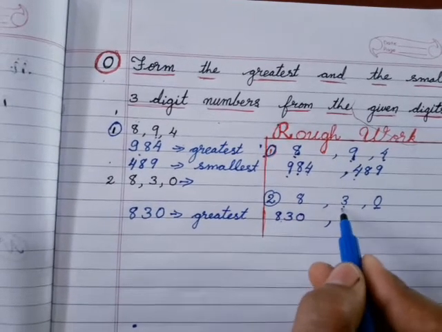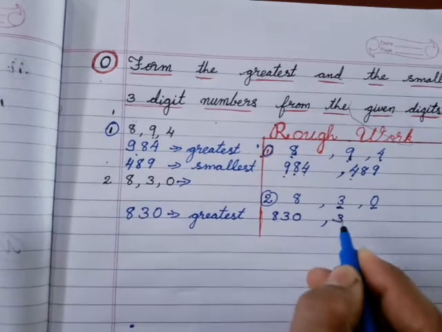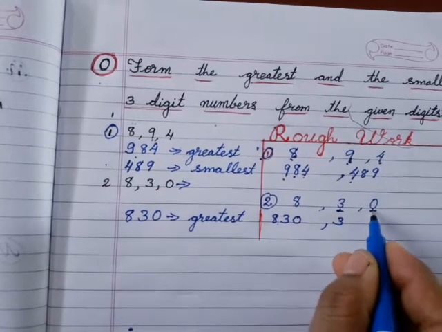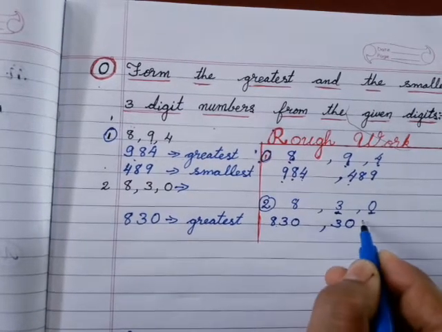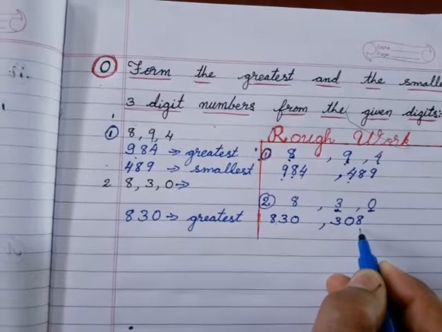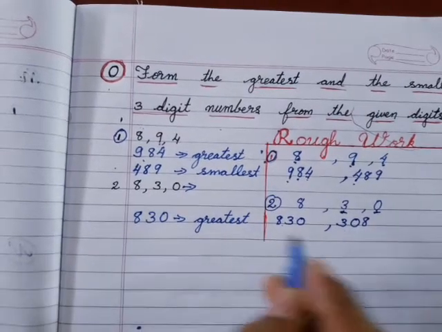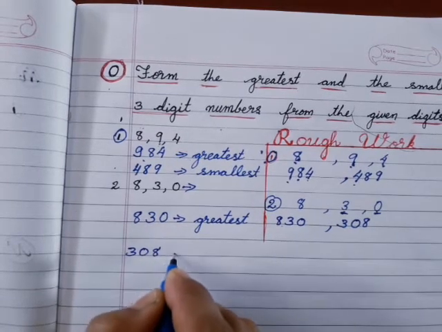So the second smallest digit we bring down first, that is 3. After 3 we bring down 0, then 8. Now you are getting 308. The smallest number is 308.